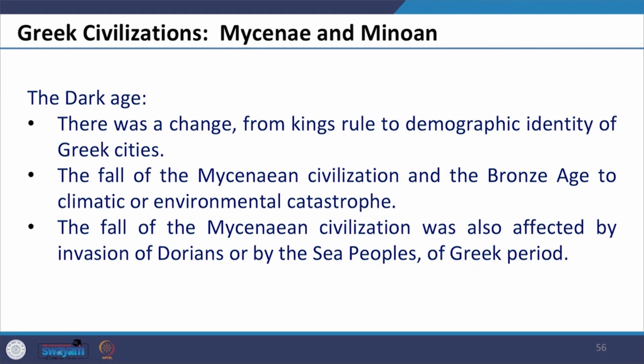The Dark Age is explained by many scholars as the fall of the Mycenaean civilization and the Bronze Age, due to climatic or environmental catastrophe combined with an invasion by Dorians or by the sea people of the Greek period. As you can see in the image, Minoan people worshipped the natural world.